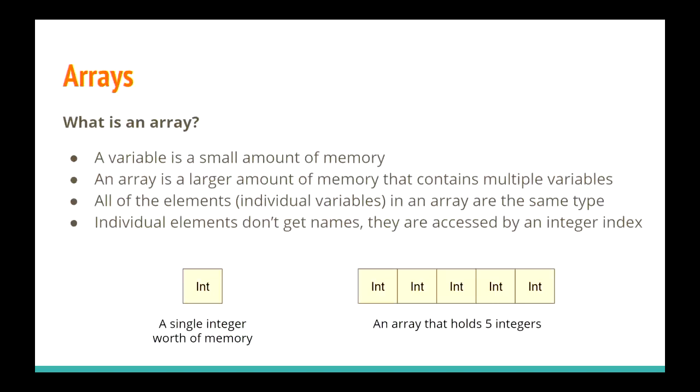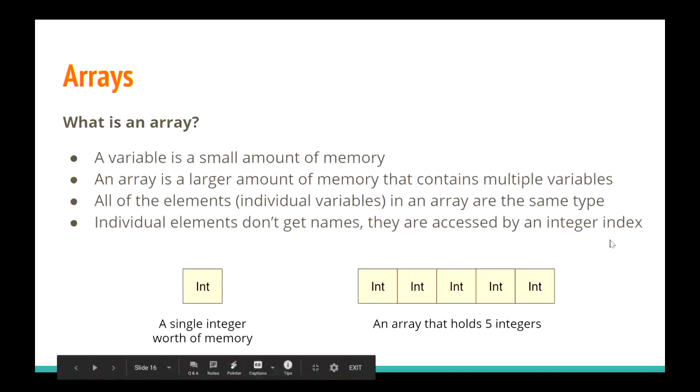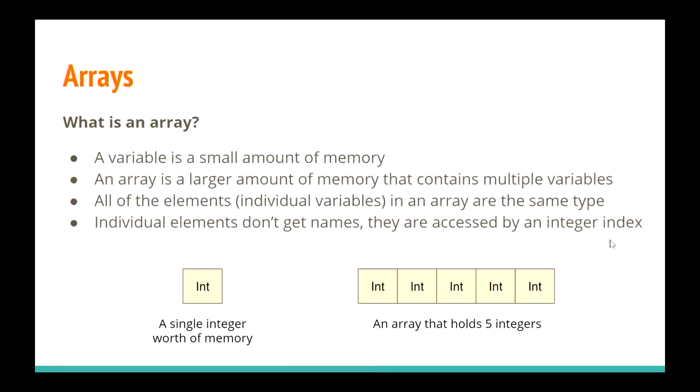If I say I want an array of integers, this is cut up into 32-bit parts, and I get to see it as just one big chunk, and I can go through and look at each of those parts. So I'm going to create an array, and I'm going to give it a name in the same way that I would give another variable a name. But inside the array, each of the individual elements, each of the integers inside that array, are not going to get their own name. Each of them is only going to be accessible via the name of the array itself, the variable that holds it.